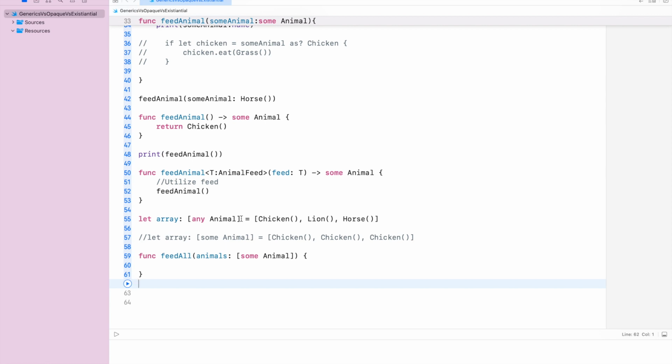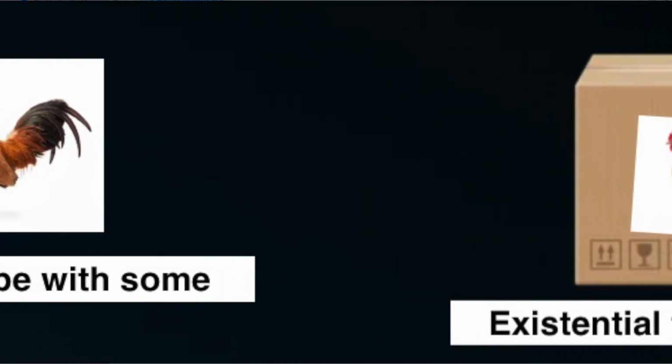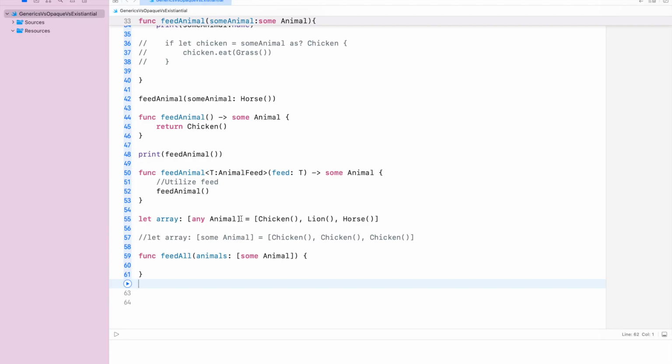To allow for this flexible storage, any Animal has a special representation in memory. We can think of this representation like a box. The concrete types are stored inside the box. When we need the concrete type, we need to open the box and take out the concrete element from the box. The static type any Animal that can dynamically store any concrete animal type is formally called an existential type.